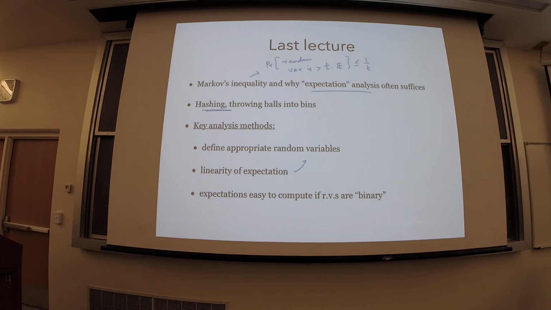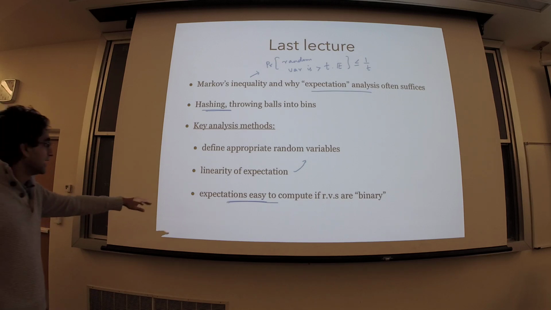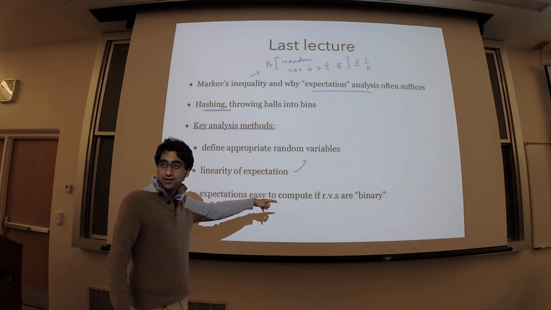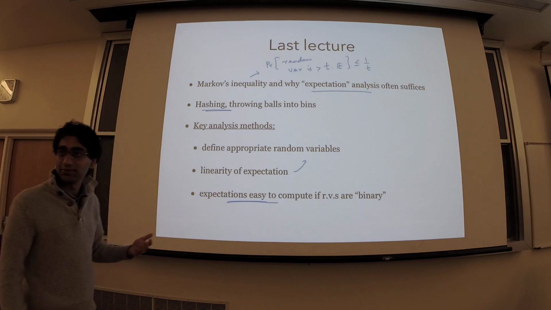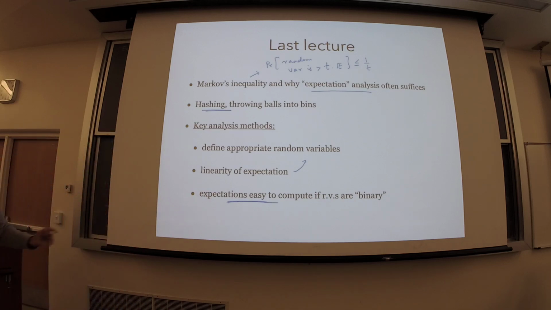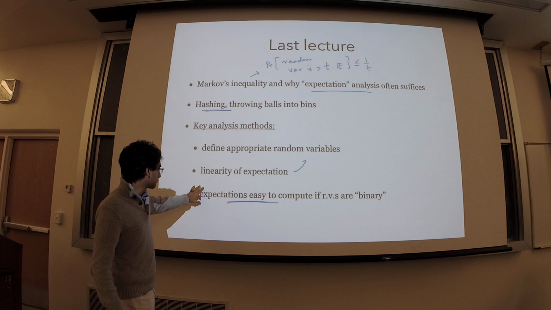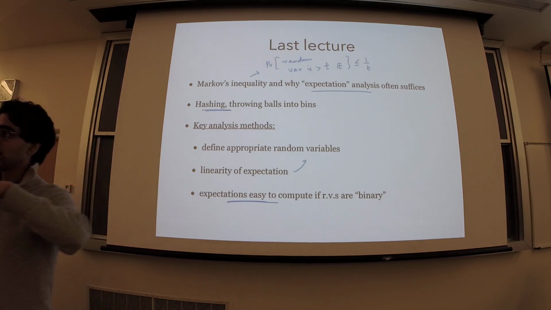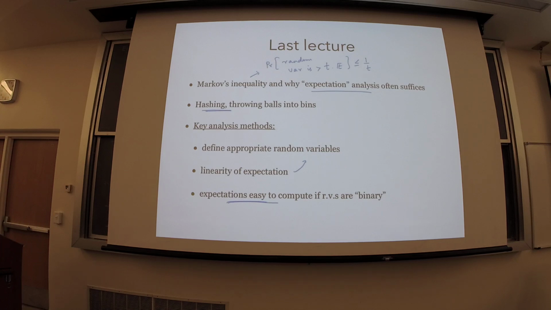And the final thing, which maybe we didn't state explicitly, is that expected values are easy to compute if the random variables are binary, and otherwise they can be somewhat of a mess to compute. So one thing we kept doing last time was to write whatever random variable you're interested in as a sum of binary random variables, that is, ones that only take 0 or 1 values.